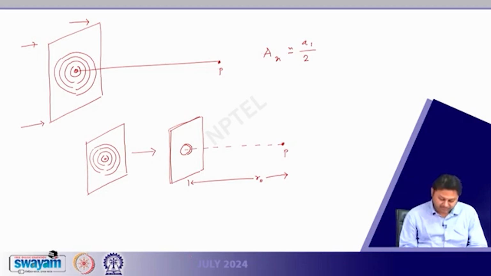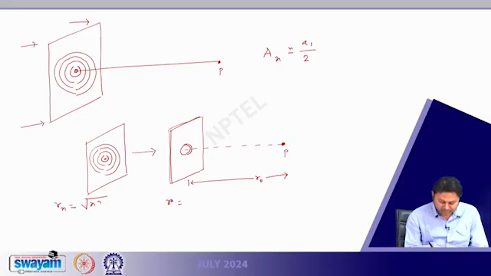the point P will be gradually illuminated, and it will be illuminated most when the aperture radius will be equal to, because here we know that Rn is equal to root over of n lambda r naught. That is the result we just derived.